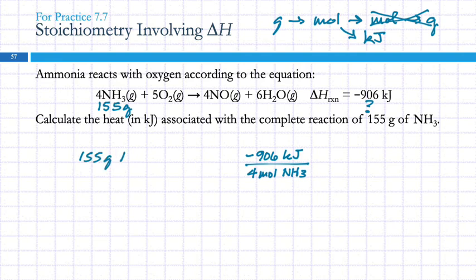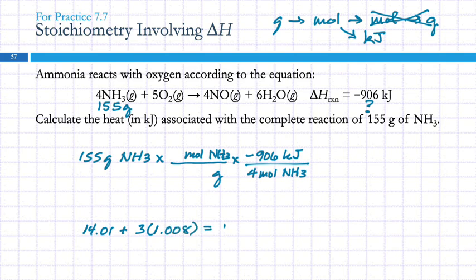155 grams of ammonia. I'm going to convert that into moles of ammonia. And then this allows me to convert between moles and kilojoules of ammonia. Ammonia: 14.01 plus 3 times 1.008 is 17.034.